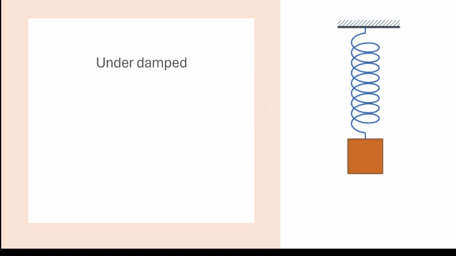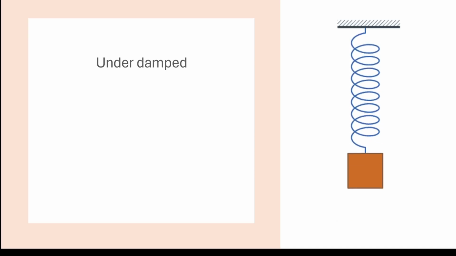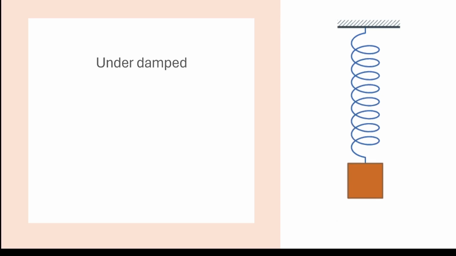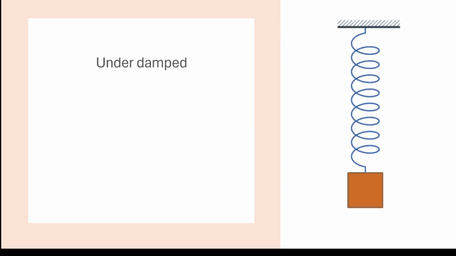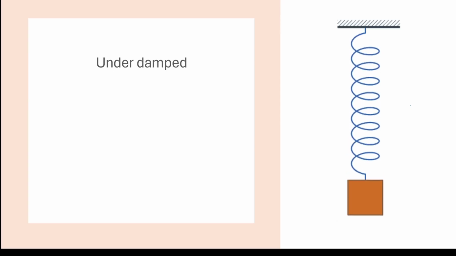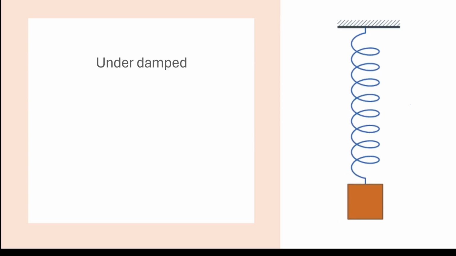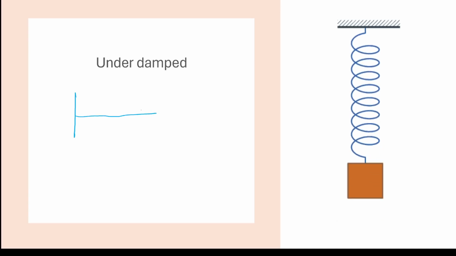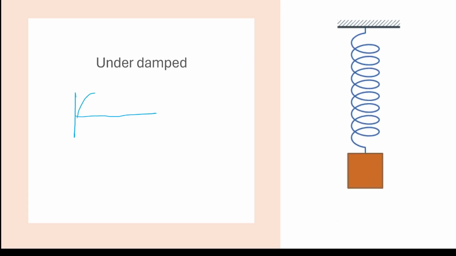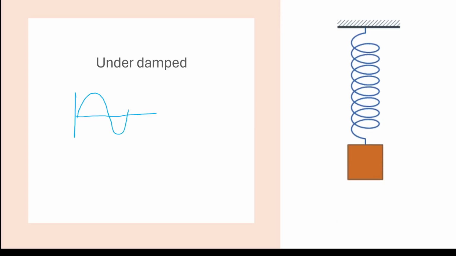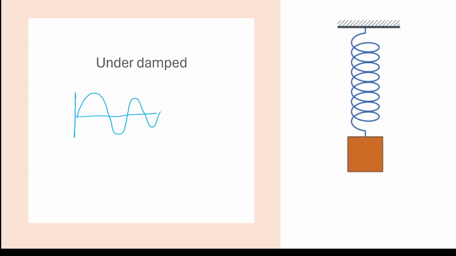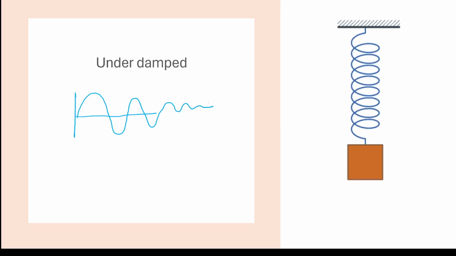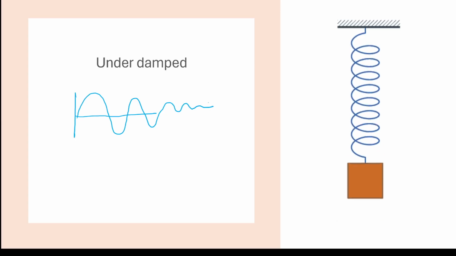This is one type of damped oscillation, called underdamped, where the spring mass system will oscillate for some time before it comes to a stop. If I draw the amplitude, it will start at the maximum and then decrease exponentially till it reduces to zero with the help of the resistive forces.